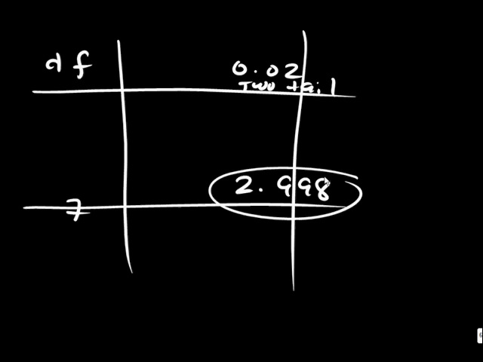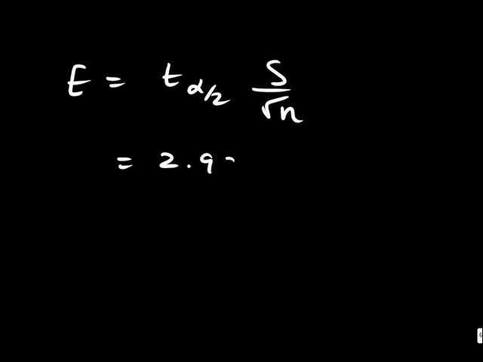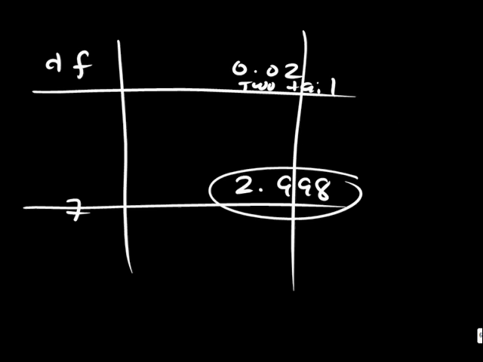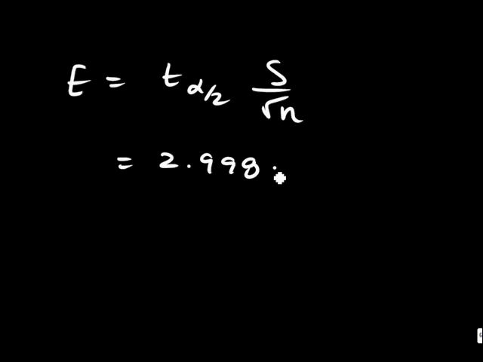So using the error formula now, t alpha over 2 times s over the square root of n, this is 2.998 times the standard deviation of 0.2475 divided by the square root of the sample size, which is 8.